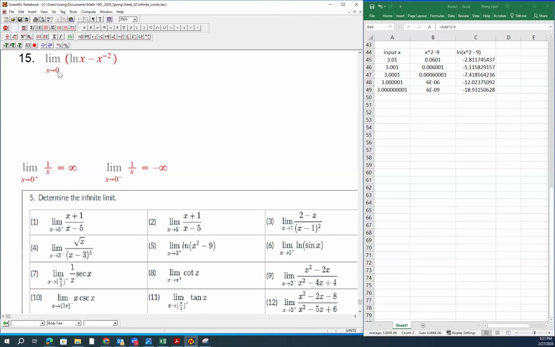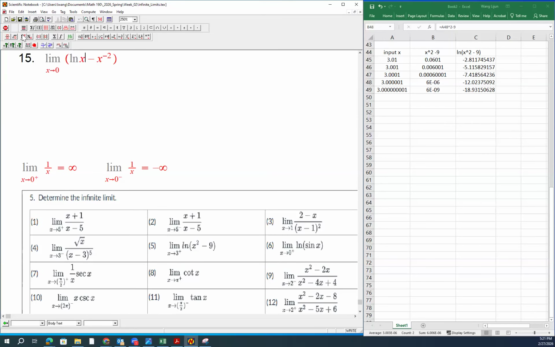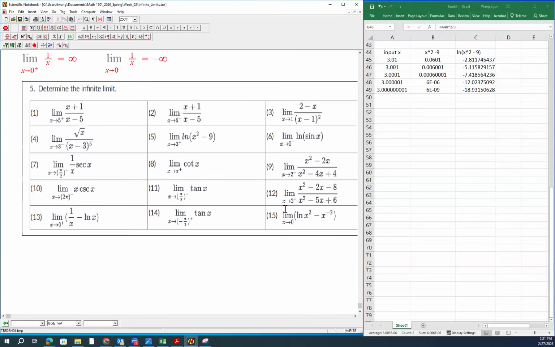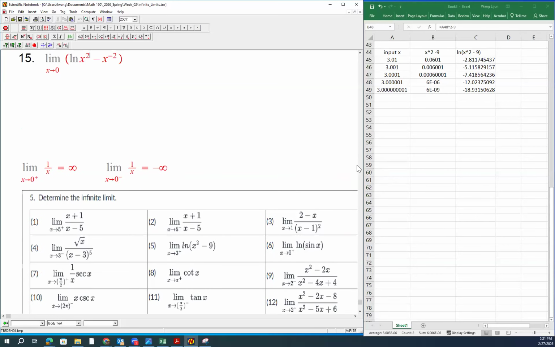Especially when x approaches 0, I think I might have left something out. It's x squared, my bad. It's ln x squared. Otherwise, we'll have a problem. I did not make up the question; somebody else did.